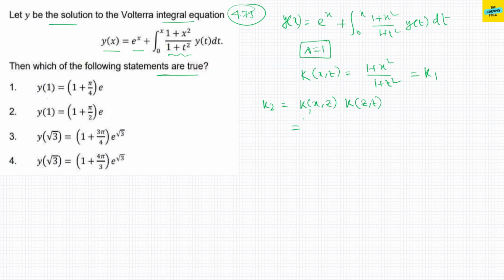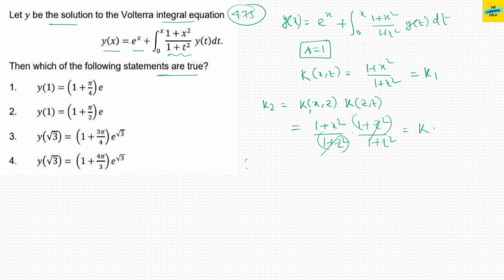So this is equal to K1, means (1 plus x square) by (1 plus z square) into (1 plus z square) by (1 plus t square). So 1 plus z square, 1 plus z square cancel out, and this is again the value of K.